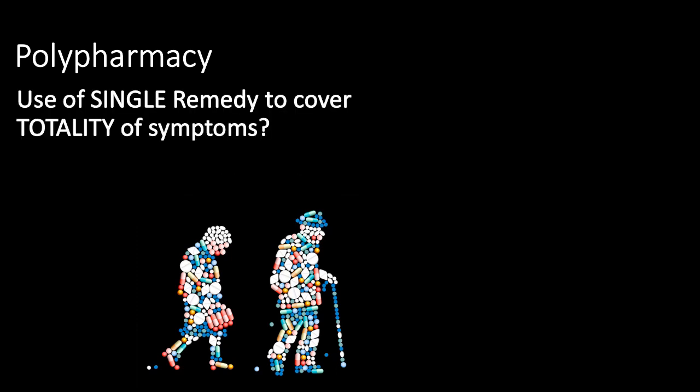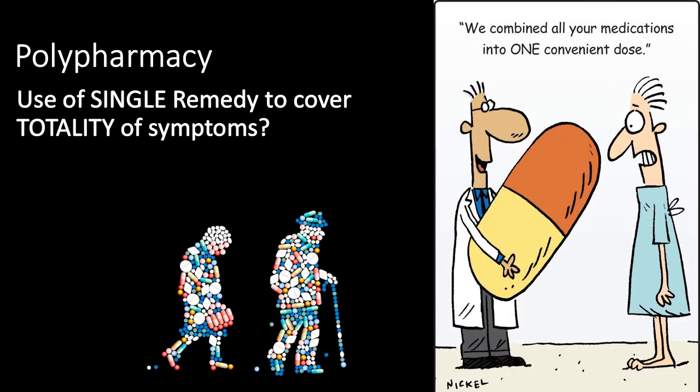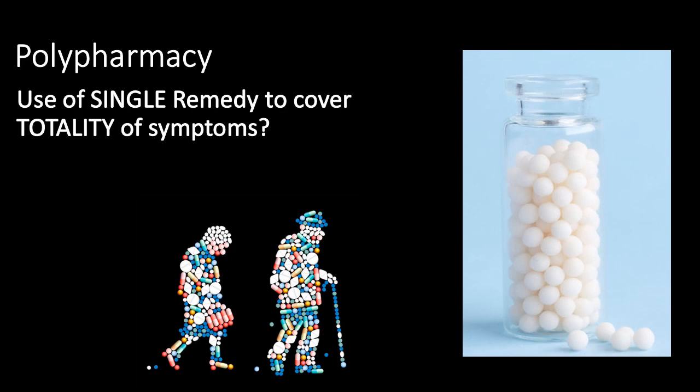Wouldn't it be really wonderful if we could have a single remedy to cover the entire totality of symptoms? And I don't mean an atom bomb sized pill, but instead one single homeopathic remedy which exhibits all the symptoms which the patient is having.